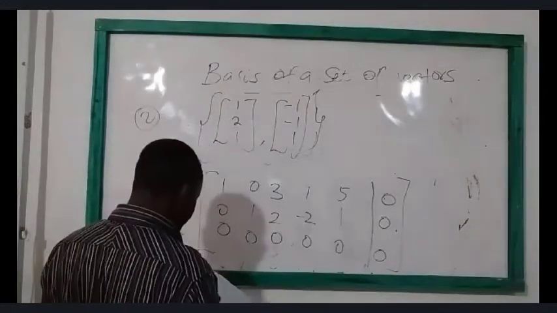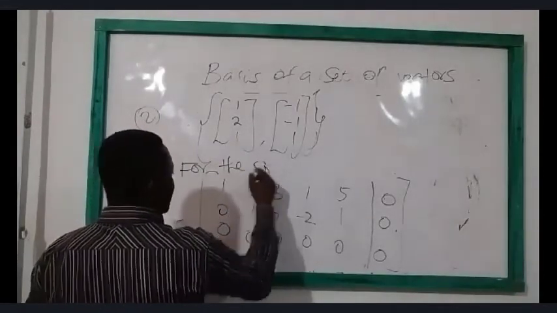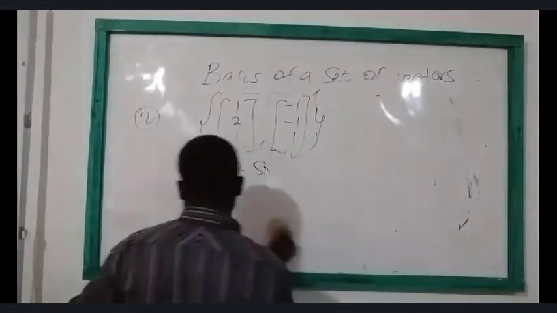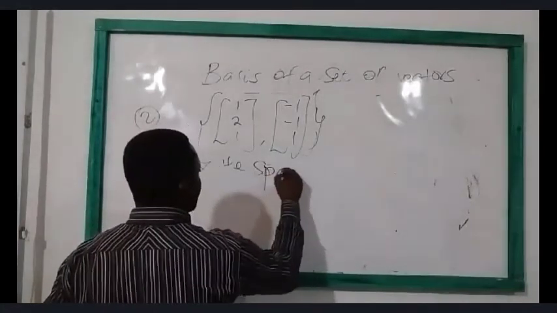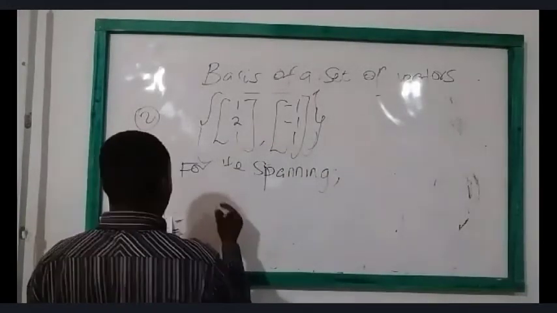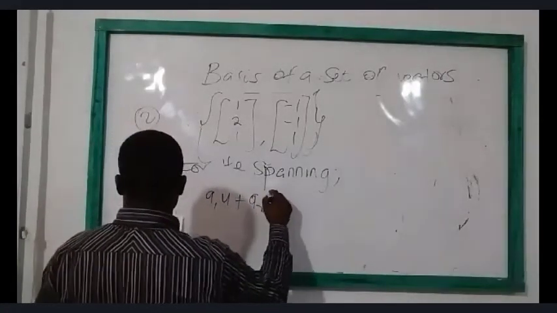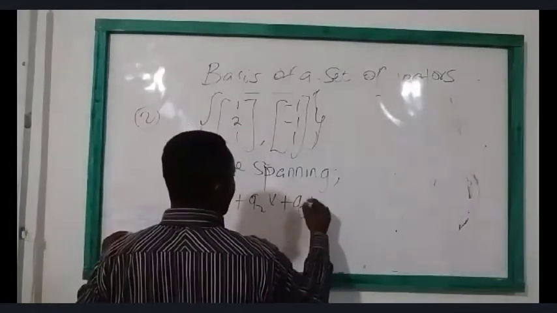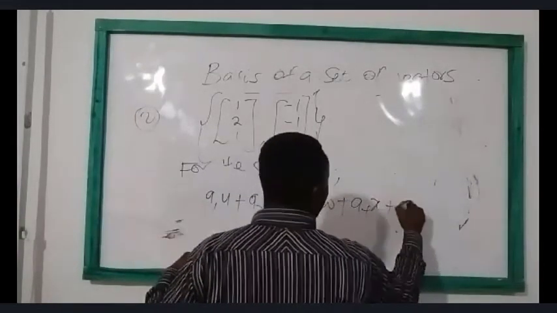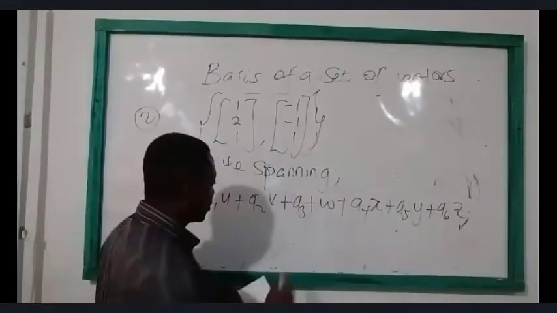So you can write that for the spanning, it will be a1 of u plus a2 of b plus... yes, so it should be equal to 0.